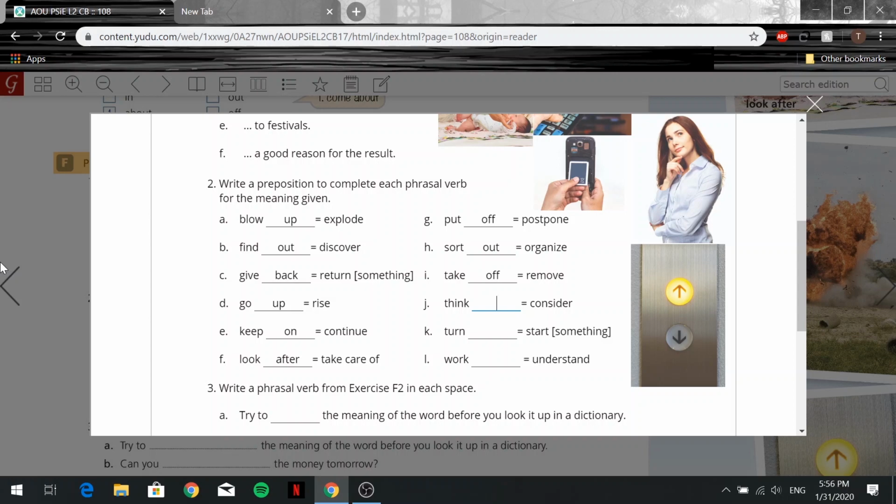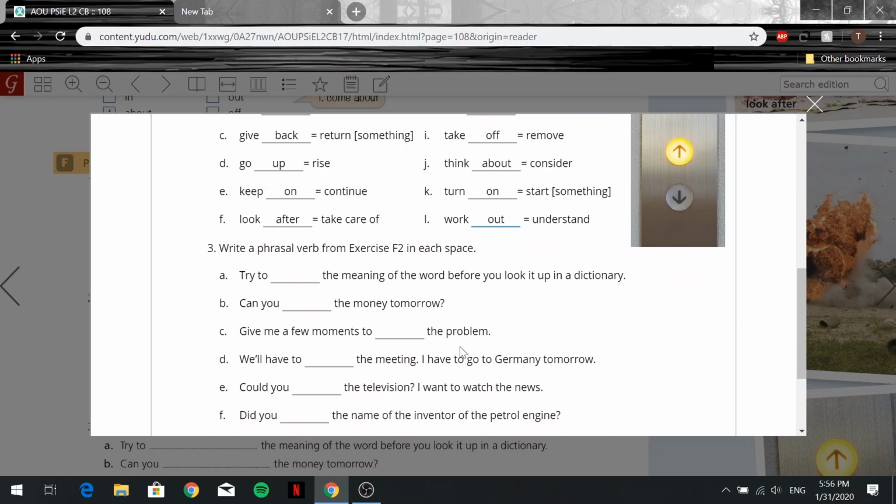It could mean to remove, or take off as in a plane starting to move and fly. So keep that in mind. J, think means consider, think about. K, turn means start something, so we'll say turn on. And L, work means understand. Work out. Again, work out here can mean understand what someone has to say or offer, or it could mean work out as an exercise.